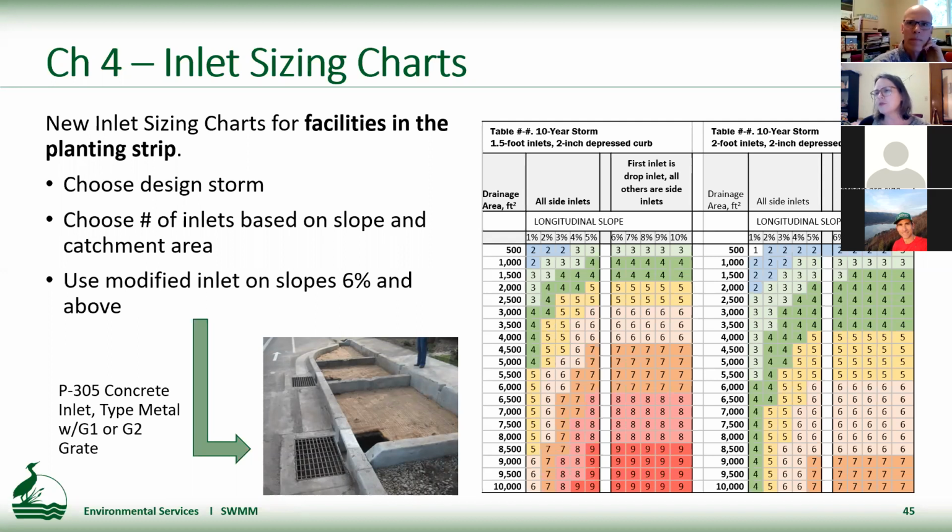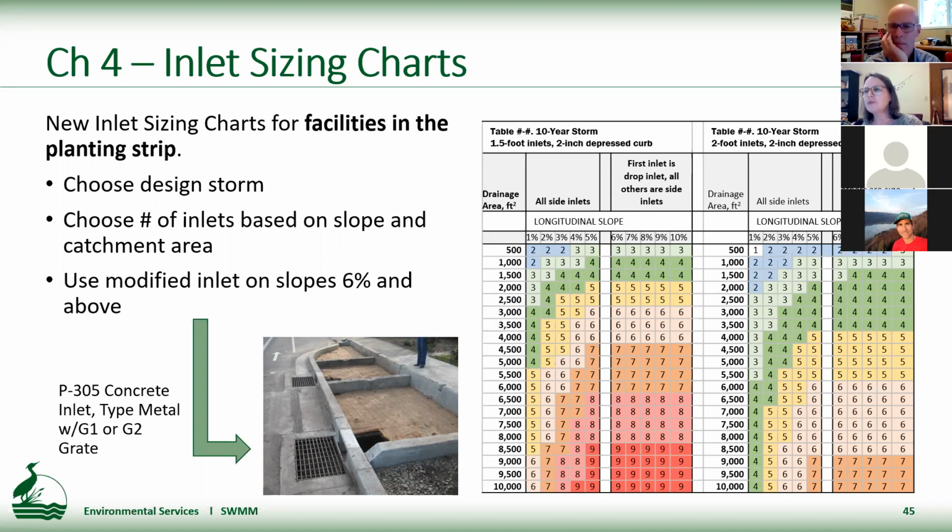And so one result is that when your slope is 6% and above, the first inlet in the line is required to be what we're calling a really exciting concrete inlet type metal with G1 or G2 grate. And I'll show you another picture of that, this section that shows you a little bit better how the water gets into the facility.